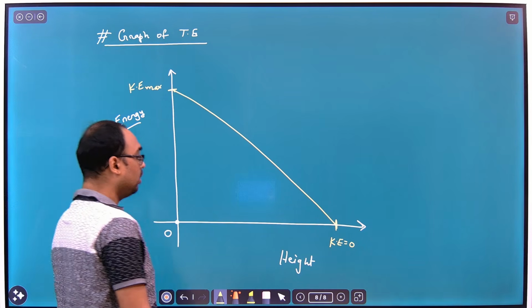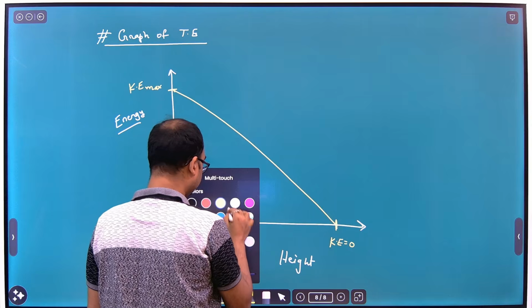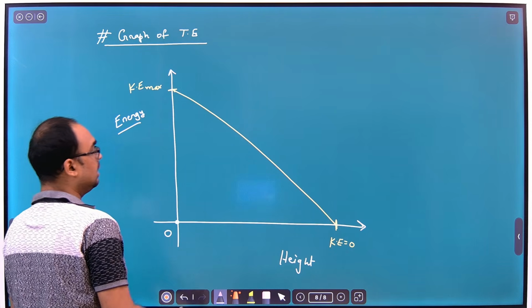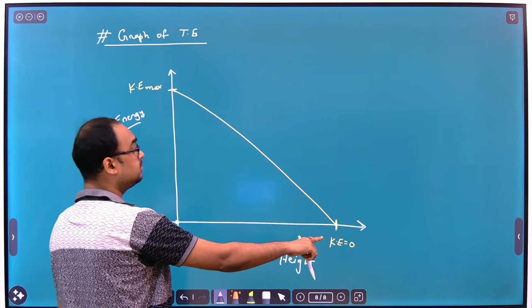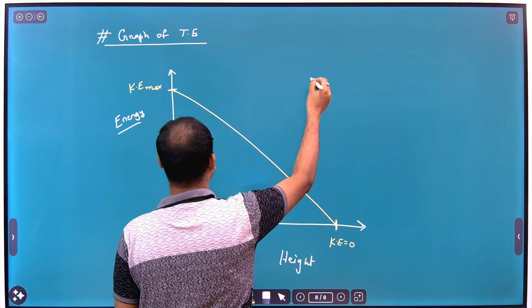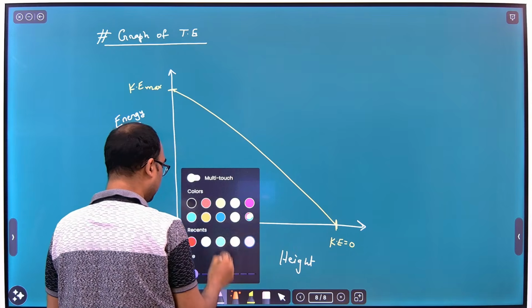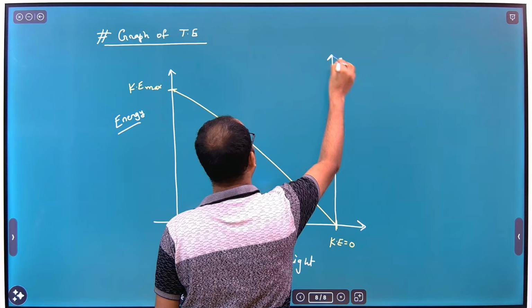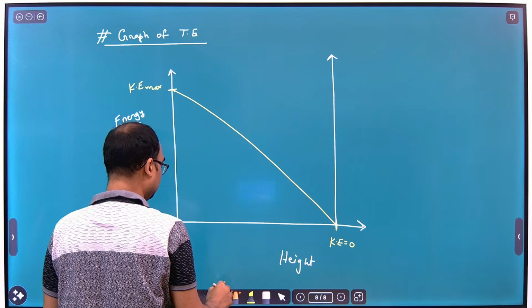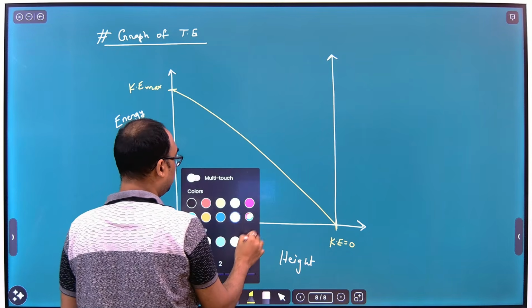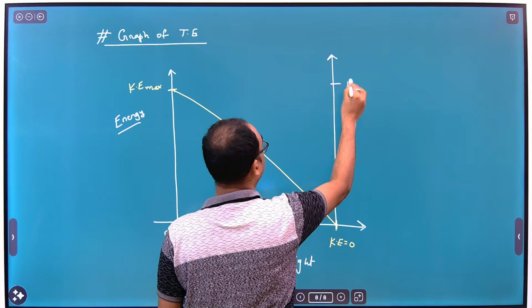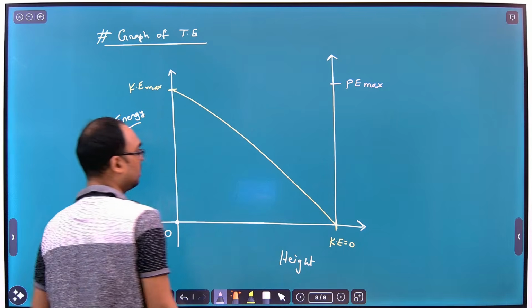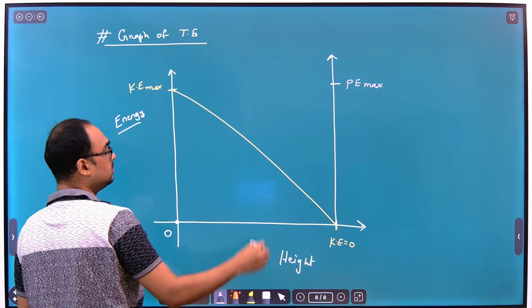Now, when the height was maximum, potential energy was maximum. Let me draw a graph like this too. Clear?